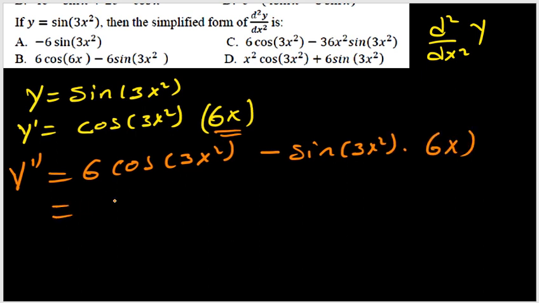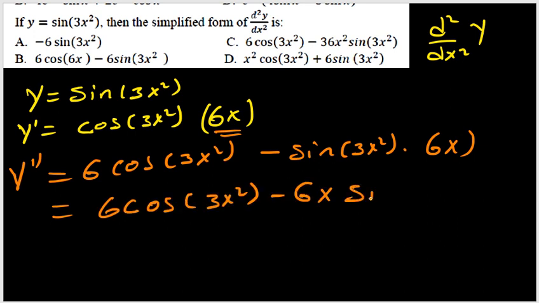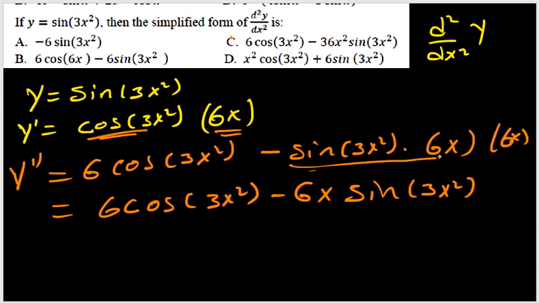So when you finish it, it will be 6 cos 3x squared minus 6x sine 3x squared. Okay, times 6x is there. The cosine derivative only will be this one, and there will be 6x. When you multiply, it's going to be 36 x squared. So the answer will be C.